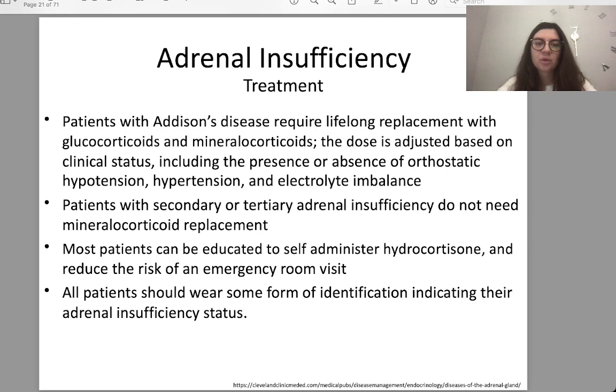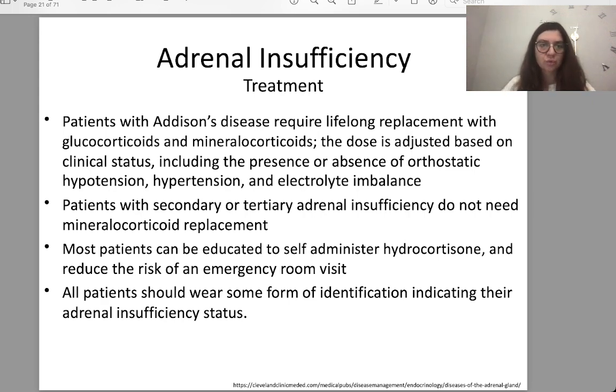Patients with secondary or tertiary adrenal insufficiency do not need mineralocorticoid replacement. Most patients can be educated to self-administer hydrocortisone and reduce risk for an emergency room visit. All patients should wear some form of identification indicating their adrenal insufficiency status.